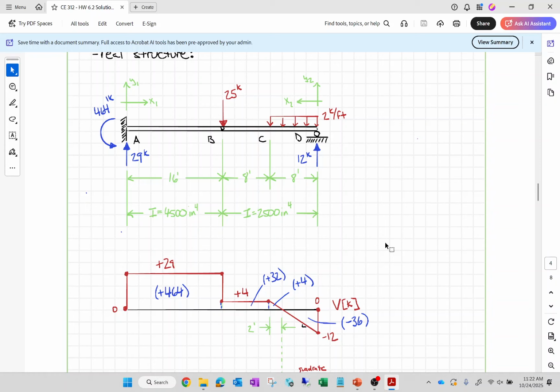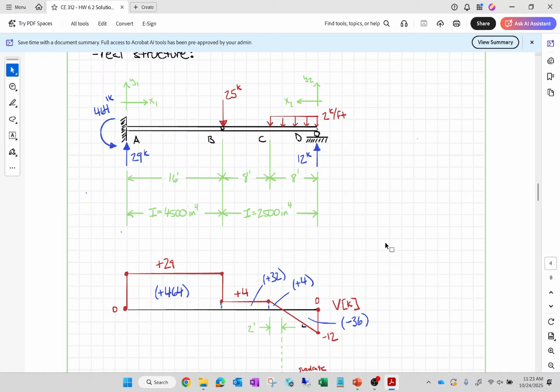Okay, so the one point I really want to make about this is, if you look at the 3 moment functions that I generated, would it be fair to say that this region right here was in terms of x1, okay?